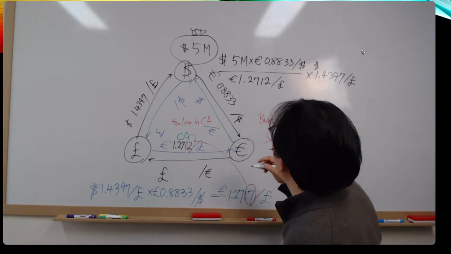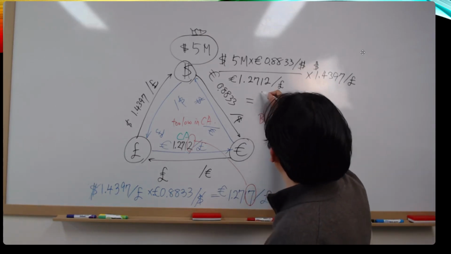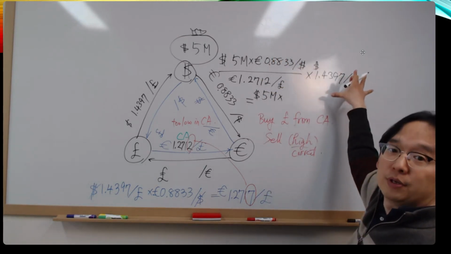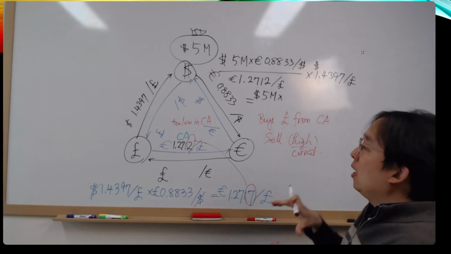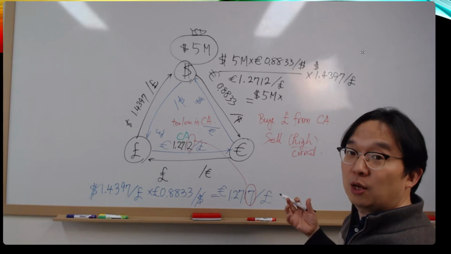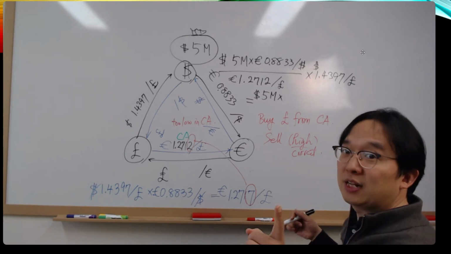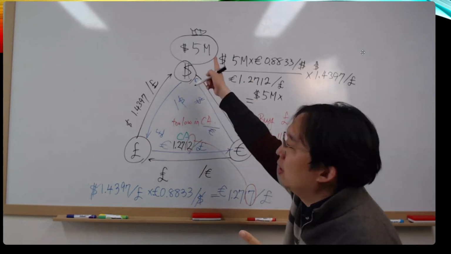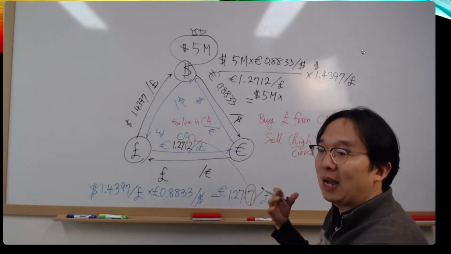The way I do it will be leave 5 million yet, and then compute the rest of the numbers, right? In the end, you're going to end up with a number that is bigger than 1, which means arbitrage profit pops up.